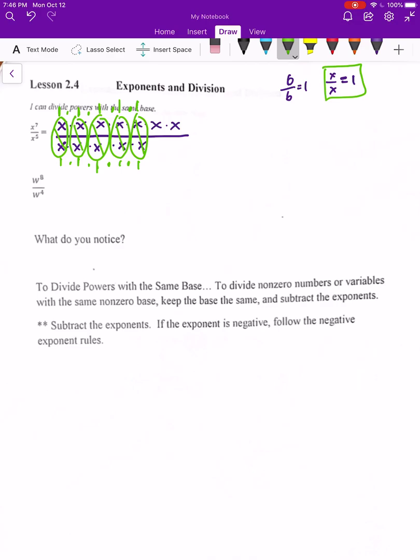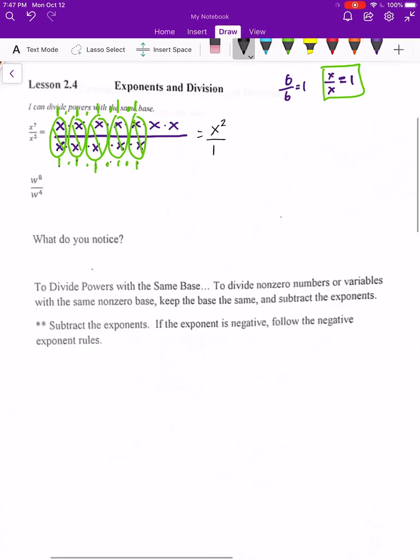So now if I actually did the multiplication, 1 times 1 times 1 times 1 times 1 times x times x, that would be x squared, over 1 times 1 times 1 times 1 times 1, which would be over 1. And x squared over 1, you guys know anything over the first power is just the number in the numerator, the number on top. So my answer is x squared.